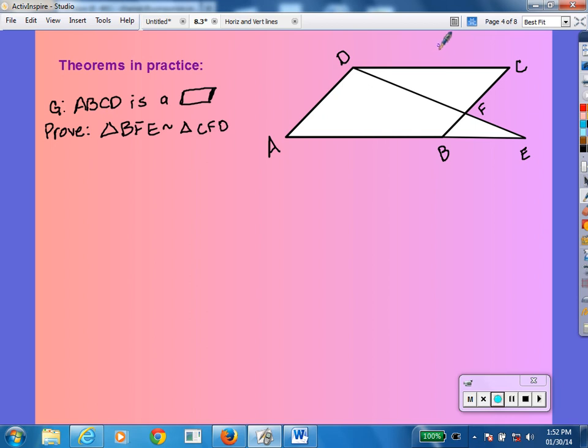Let's try saying AB is parallel to DC based upon this information, with DE being a transversal. Now, if DE is a transversal, and this is an extension of that parallel line right there, we can say that these alternate interior angles, there's your parallel lines, there's your Z zagging through, there's your transversal, that those two angles are congruent.